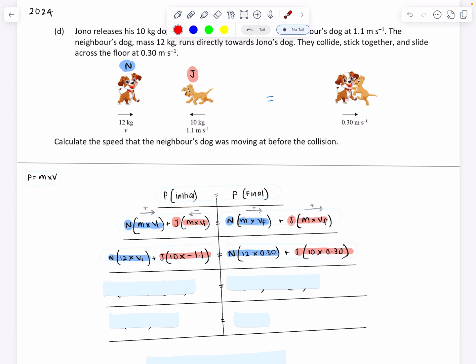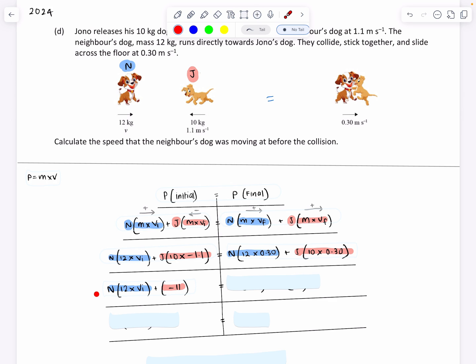Let's move on to the side of final momentum. So we have the neighbour's dog, still 12 kgs, nothing has changed in mass, times the velocity of 0.30 meters per second, and the same for Jono's dog, except obviously the mass of Jono's dog is 10 kgs. Next up, let's go back to the momentum initial column.